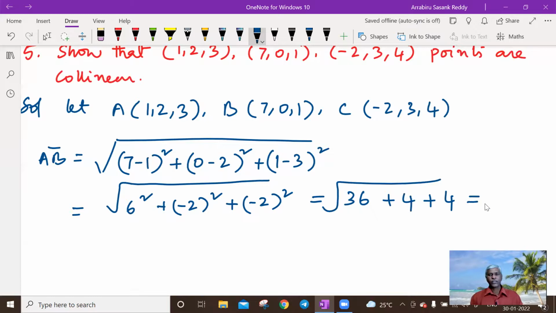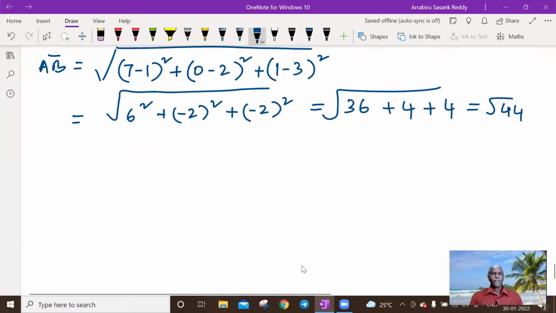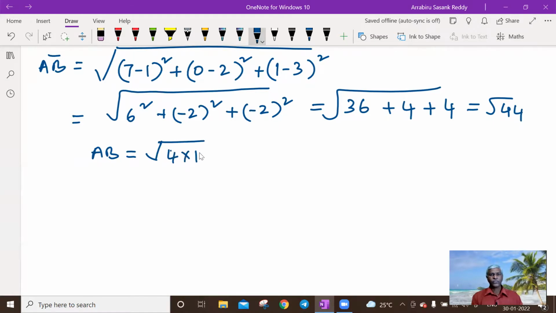This is 44. 36 plus 4, 40 plus 4, 44. Now 44 can be written as 11 into 4 or 4 into 11. So root 4 is 2. So this is equal to 2 root 11. So AB, the first distance, is 2 root 11.